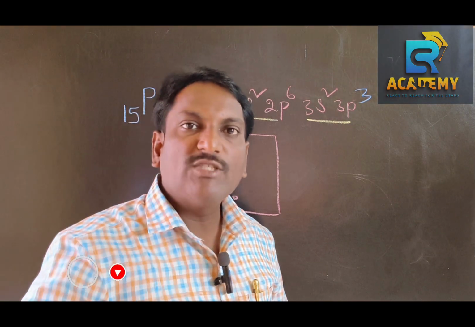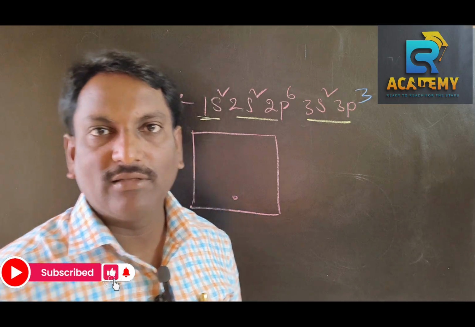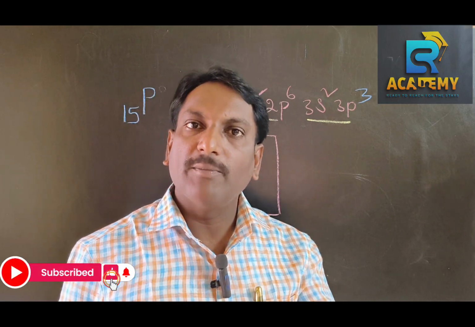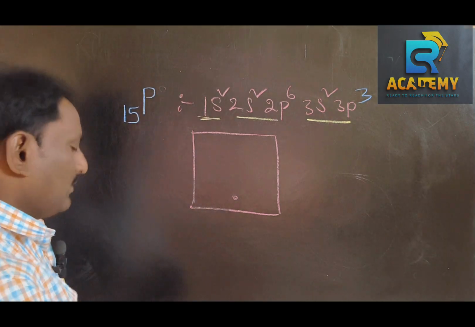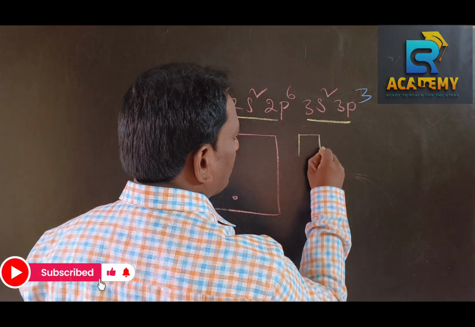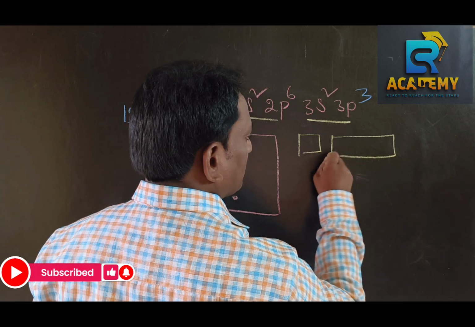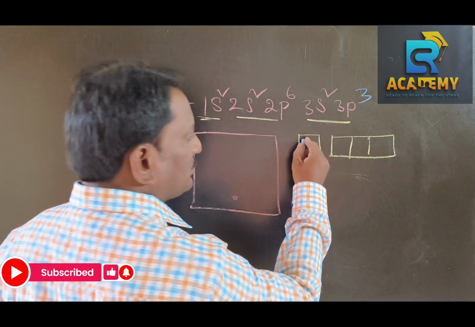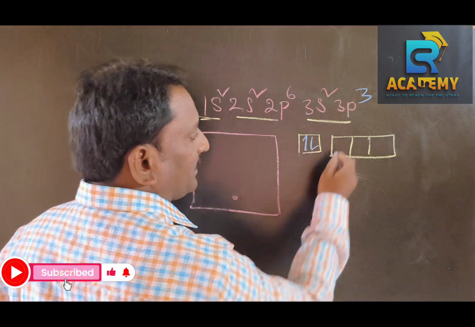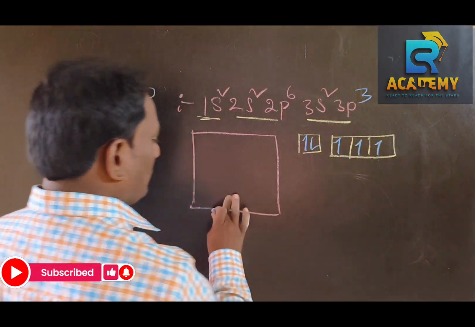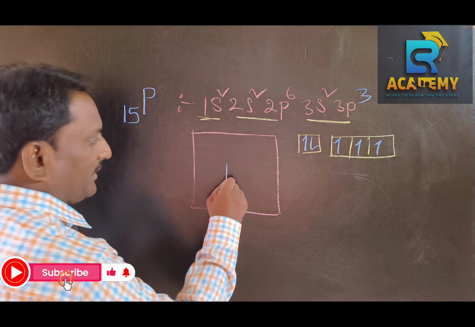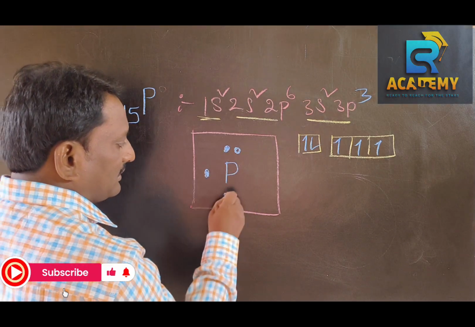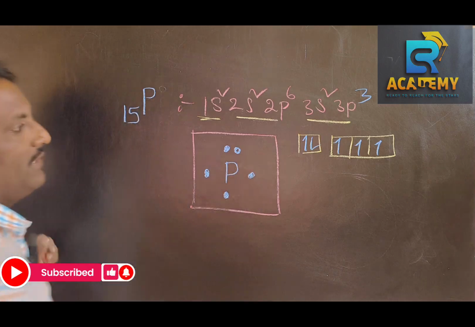In case the element has more than 4 valence electrons, we need to write the box representation and find out how many paired and unpaired electrons are there. S means 1 box, P means 3 boxes. Electrons: S2, 1, 2, P3, 1, 2, 3. The phosphorus Lewis dot structure will be 1 pair of electrons, 3 unpaired.